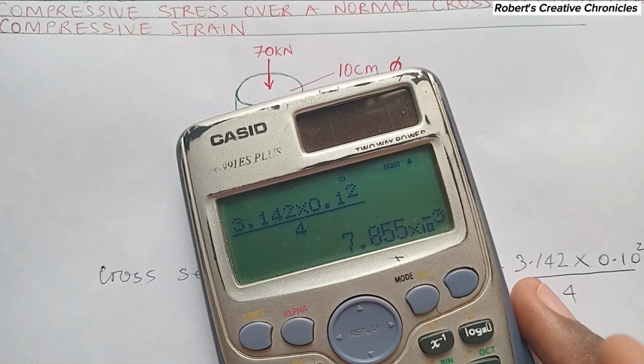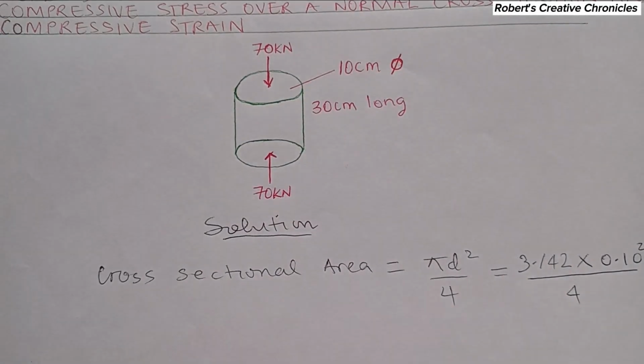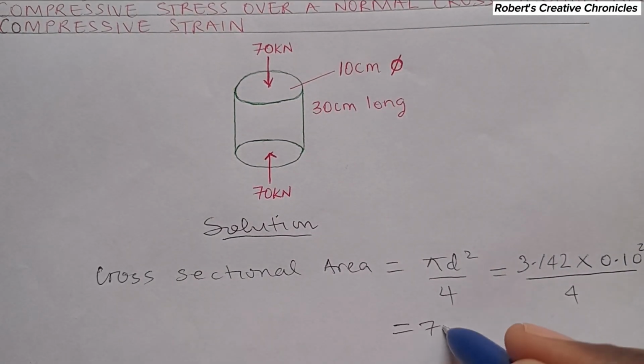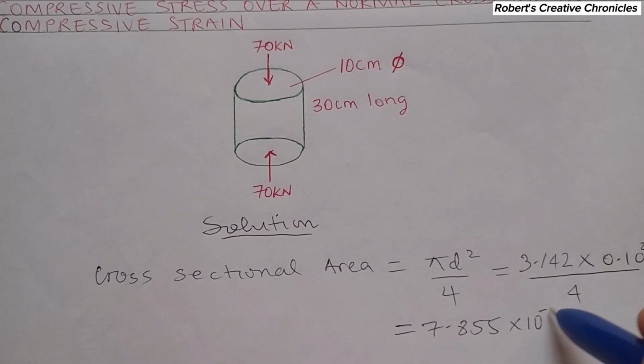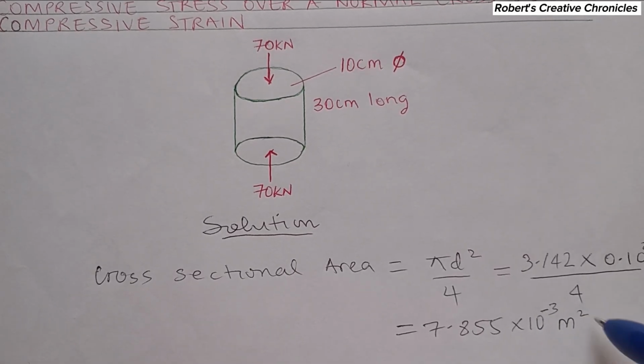This gives 7.855 times 10 raised to the power of minus 3, and this area is in meter square.